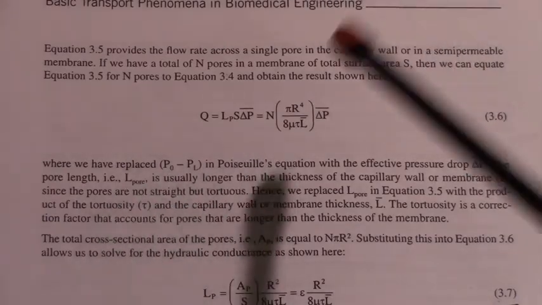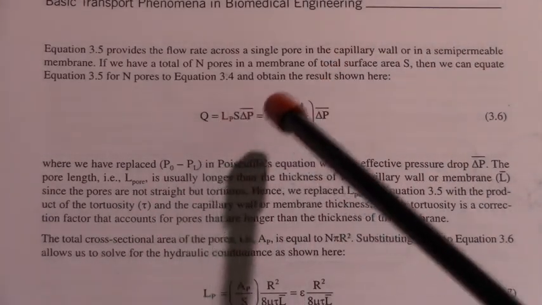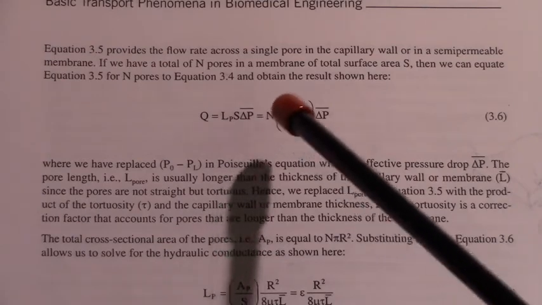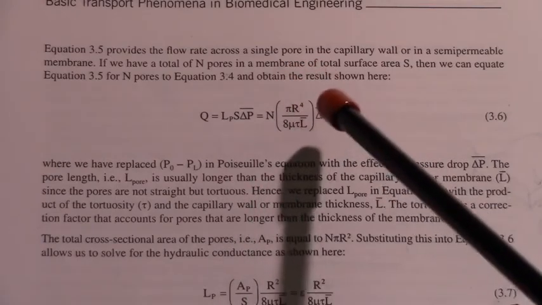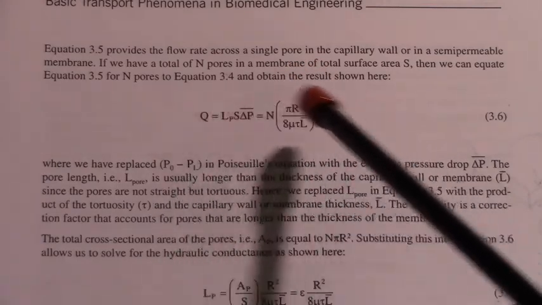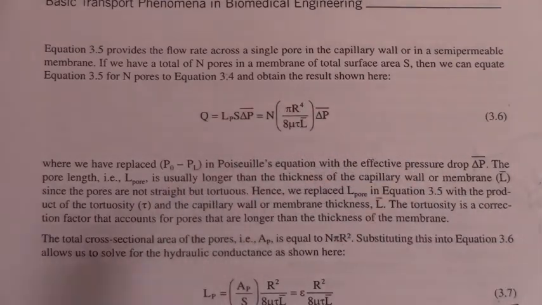Using the Hagen-Poiseuille equation, if N is the number of pores in our membrane, and we multiply the number of pores by the flow rate per pore based on that effective pressure drop, we should be able to extract an equation for the hydraulic conductance. This illustrates how engineers think about problems and how we create mathematical understandings of a problem, so that we have a deeper understanding, with the goal that we can use these equations to interpret data as well as use them for design.